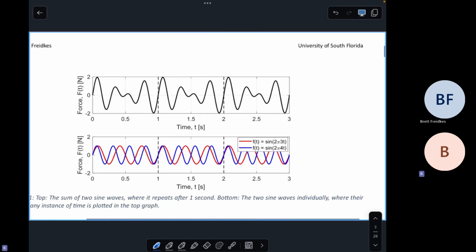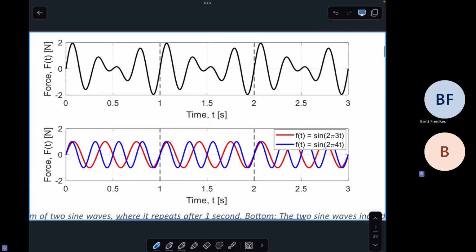So I showed you here these two graphs from class. The red one is sine of 2 pi 3t. If you were to look at this curve, we see that I'm highlighting it in red right now. It repeats after 3 cycles. That makes sense.